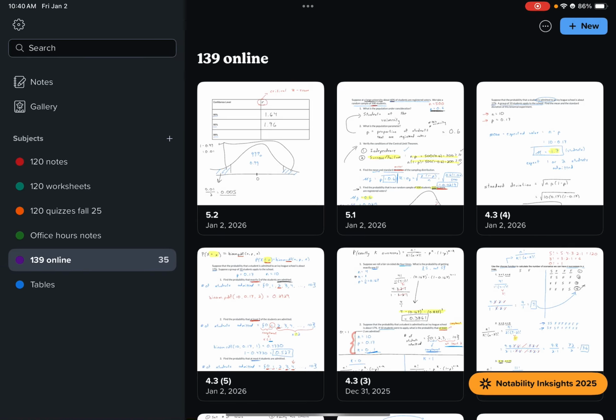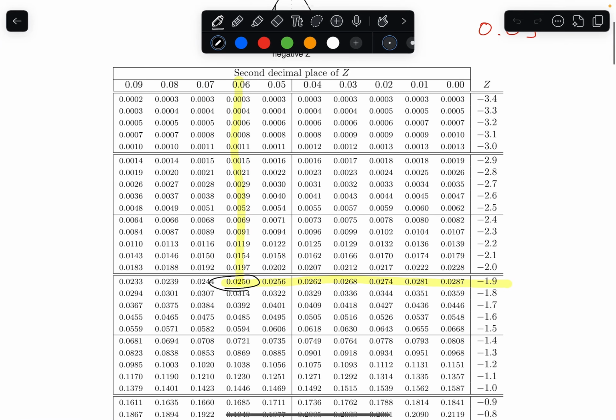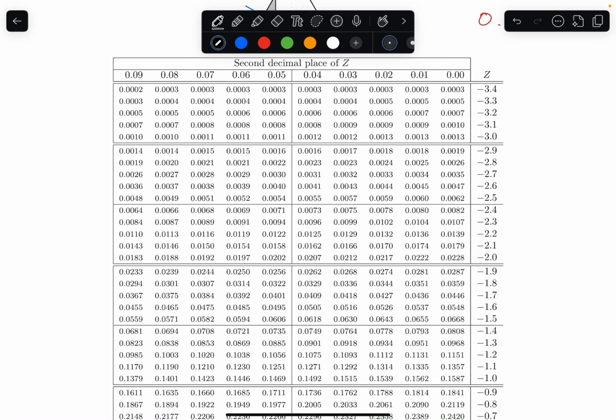So if I hop back once more, 0.005, let's erase this so that we're not distracted. What I'm going to see, I'm kind of jumping ahead here, is it's going to be halfway between these two right here, which means that my z-score will either be negative 2.57 or negative 2.58.